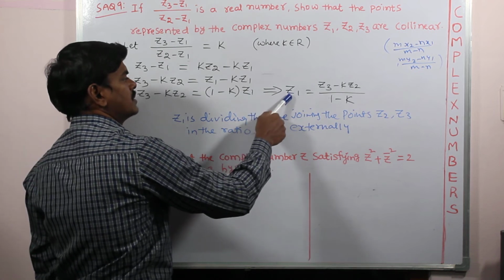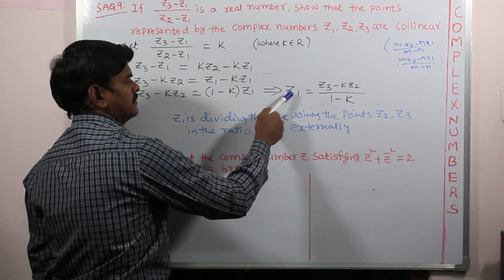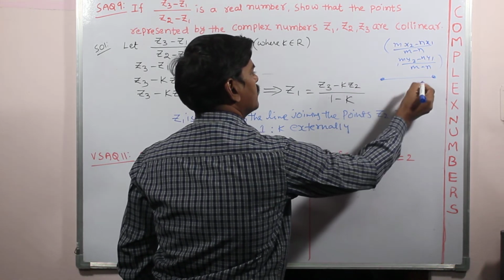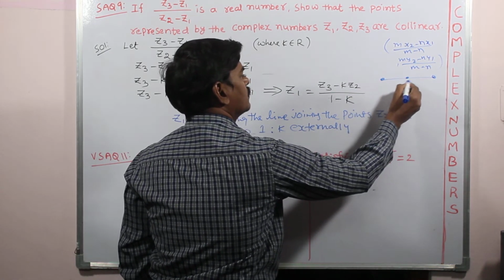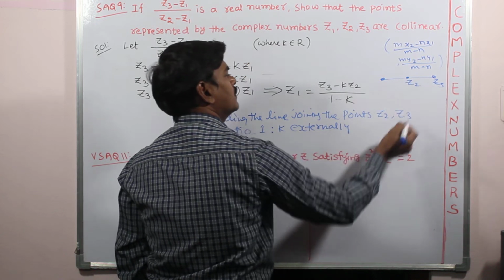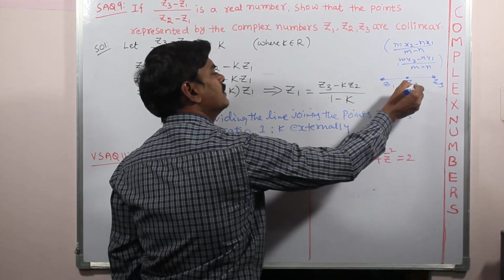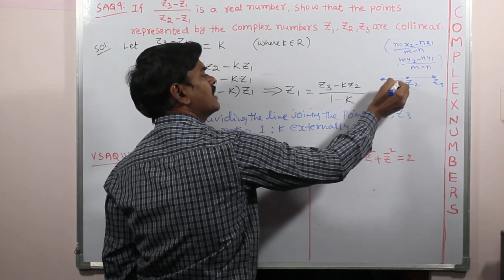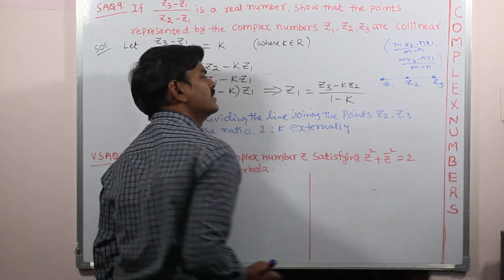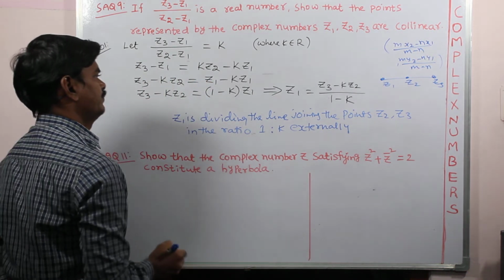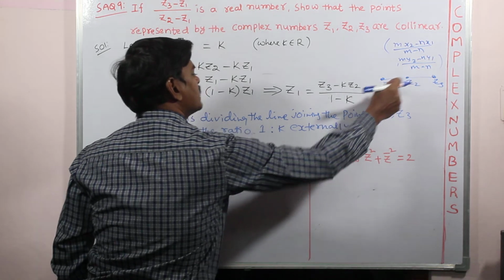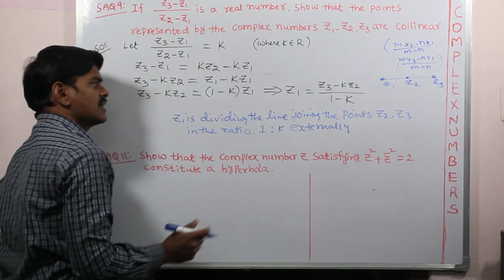So this is the dividing point, Z1 is dividing. Now for example, if you draw the diagram of Z2, Z3, Z1 is dividing the line joining Z2 Z3 externally. So Z1 is outside of the line Z2 Z3, in the ratio 1 is to k externally.